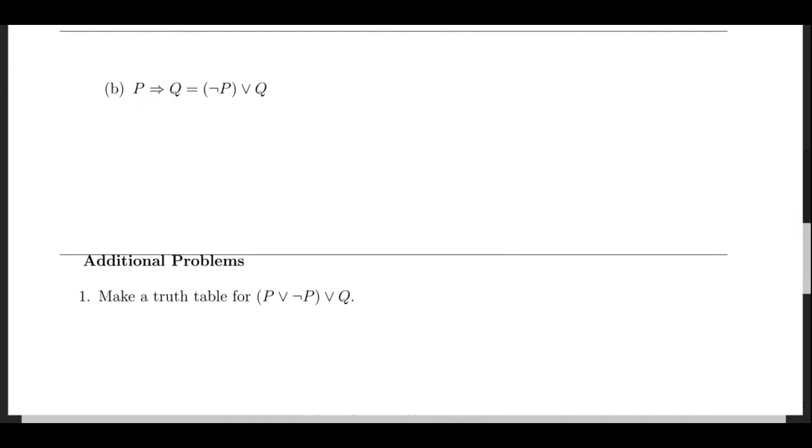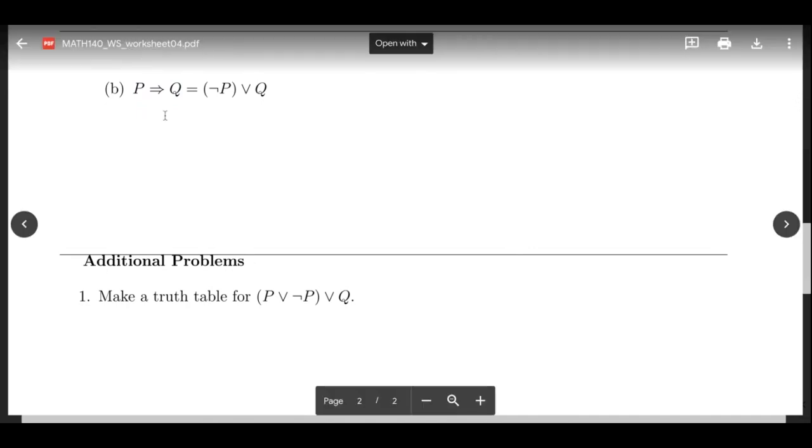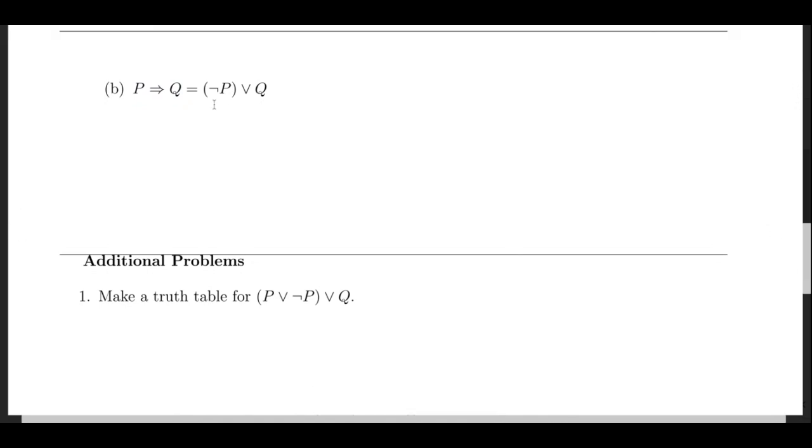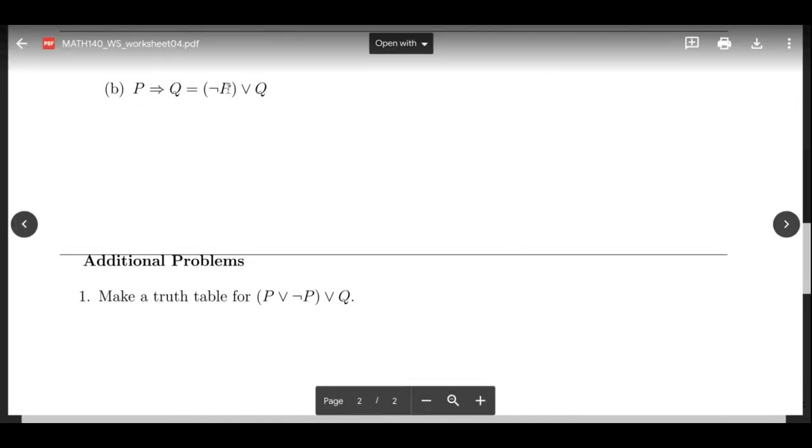P has 2 values, right? Could be true, could be false. And Q has 2 values, so 2 by 2. So P, Q, we need 4 rows. So we have a P column, Q column. Then we negate P. Then we combine the negation of P with Q by the OR sign. Okay, let's make that table.